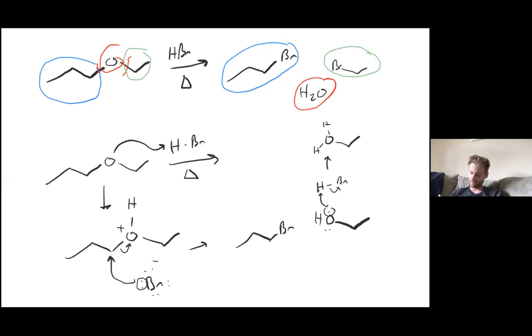And then Br can come in and attack this one. This is going to give us this alkyl halide. We already have this one. And then our byproduct for this reaction is water here.